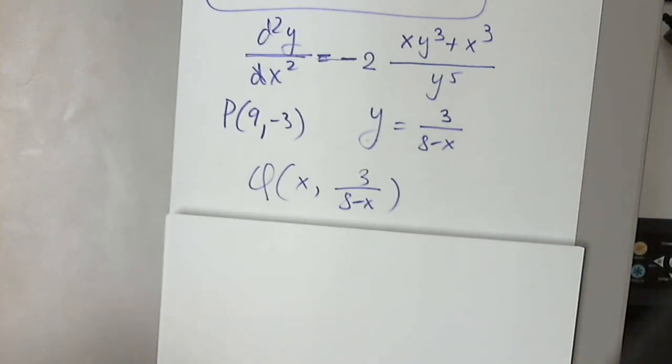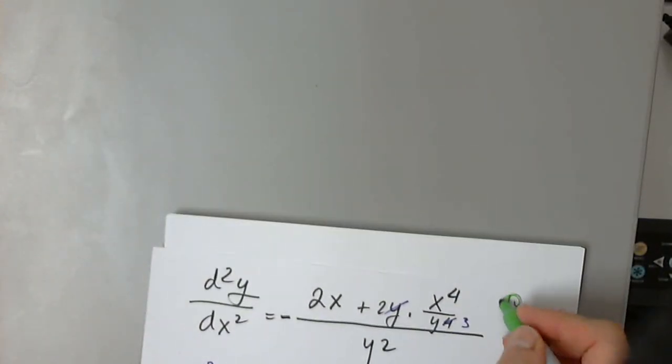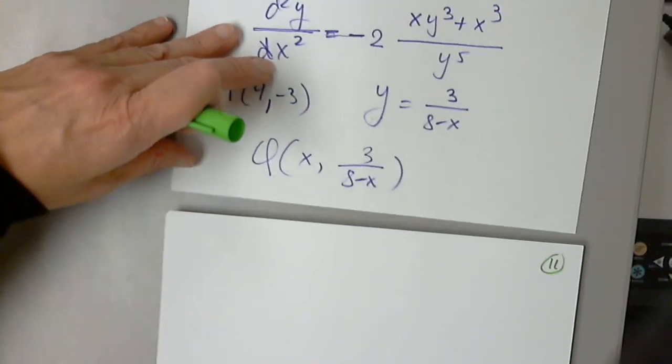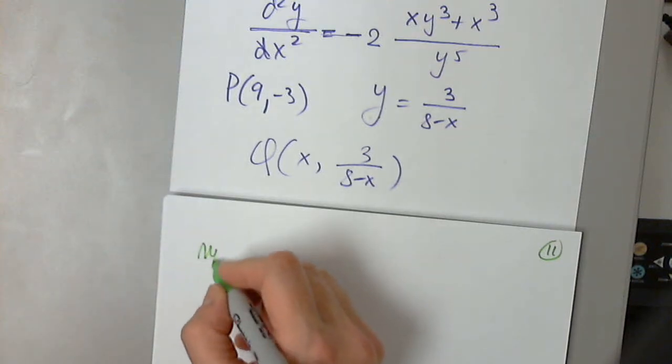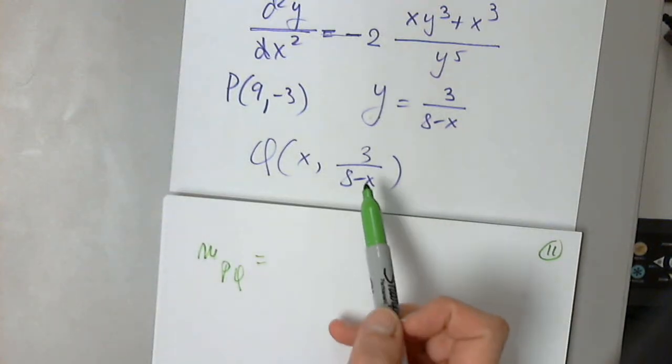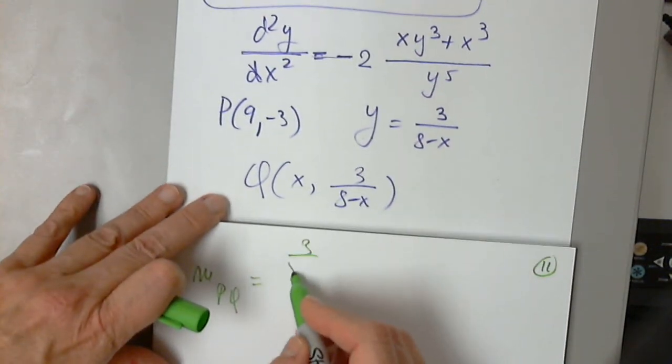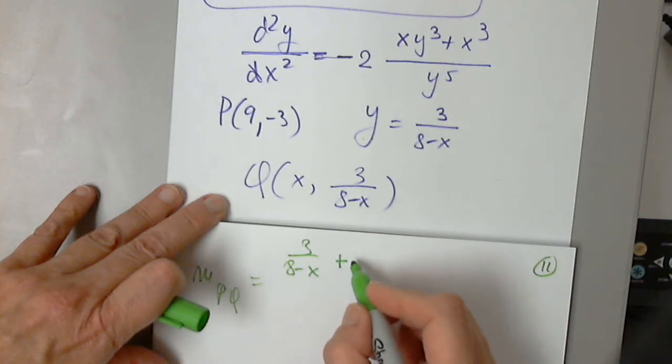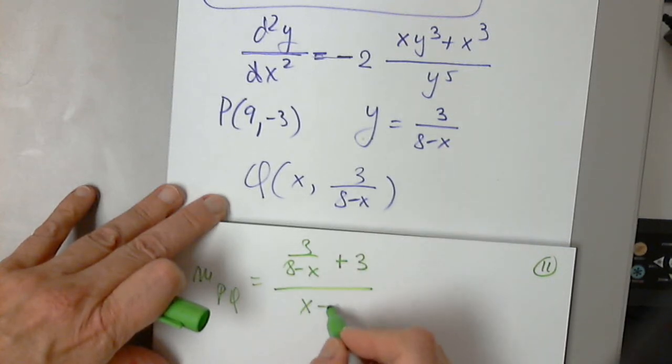So the slope of the line PQ will be 3 over 8 minus x plus 3, over x minus 9.